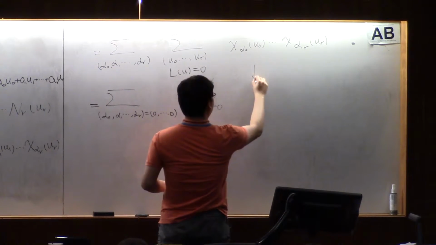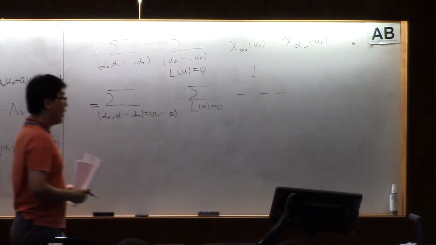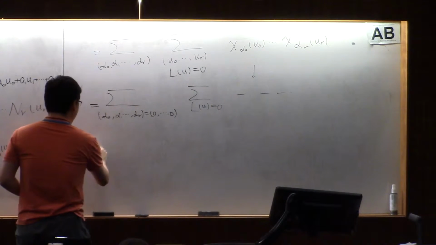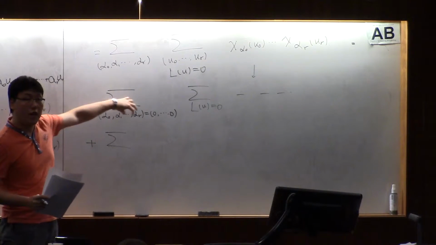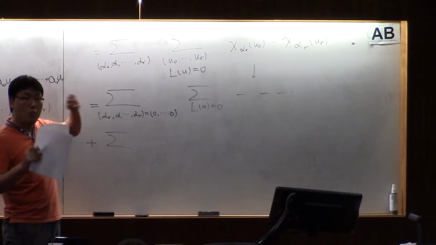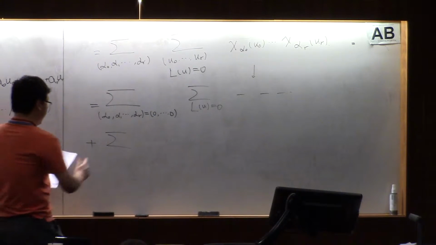And here you have the product of the characters. The second part is some of these alpha i's are 0, but some of them are non-zero.